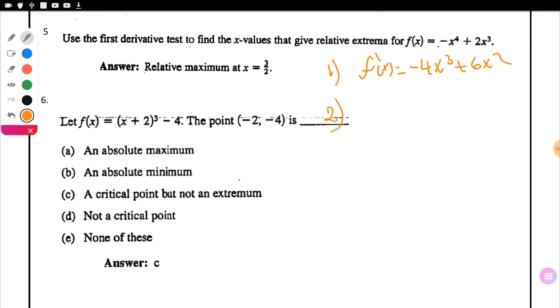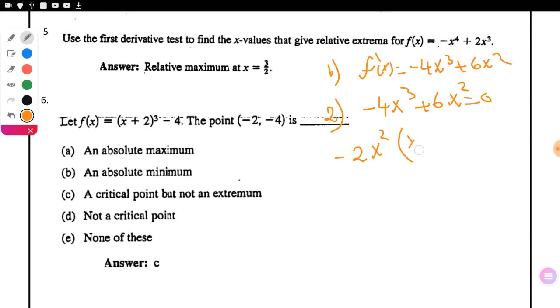Second step, find the zeros. Set the first derivative equal to 0. Then factorize, take 2x^2 as a common factor, or take the negative. I like to take the negative.